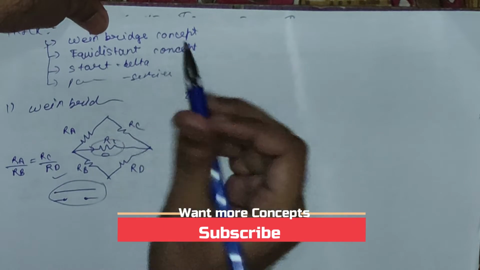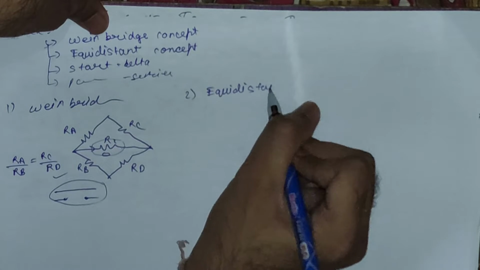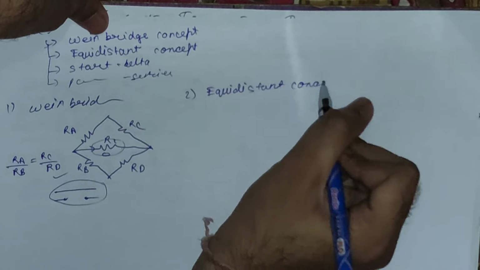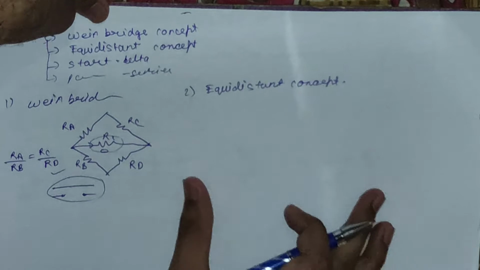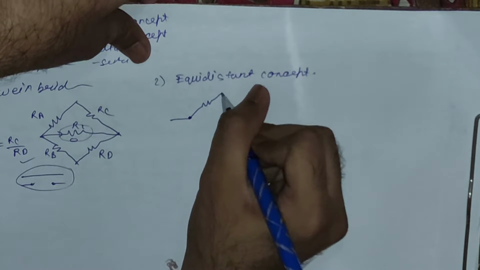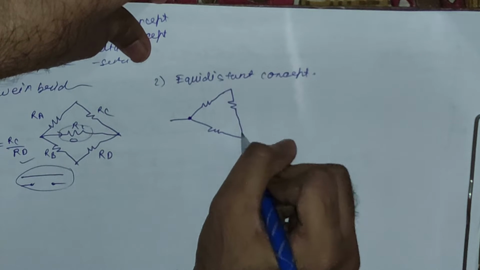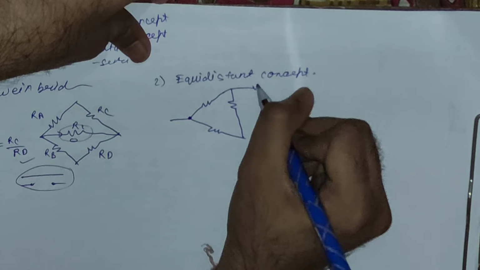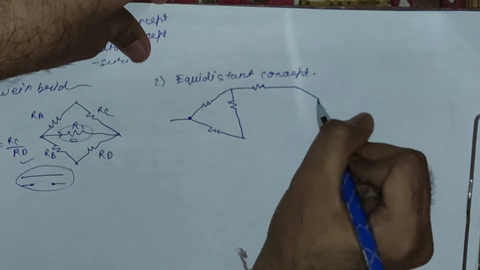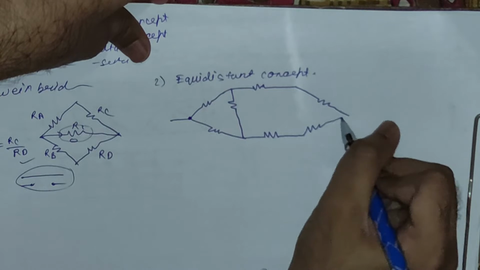The next concept is the equidistant concept. This is very important, so watch this carefully. Let's say you have a circuit like this. You have one resistance here, one here, then one resistance here, then one here.